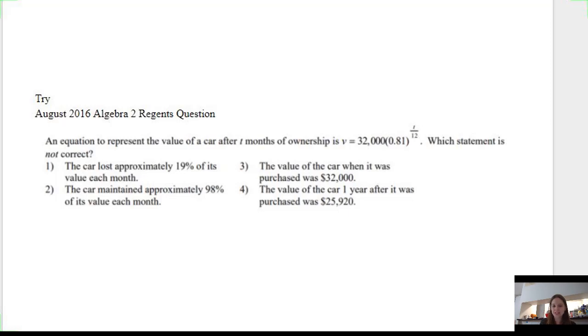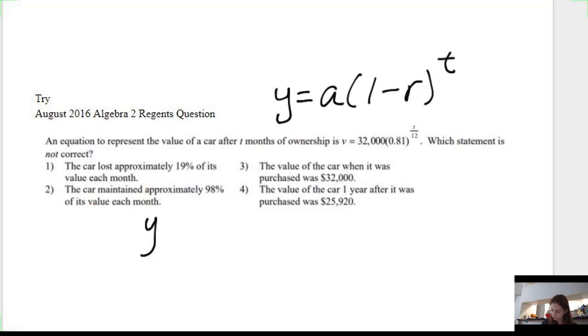Okay, the August 2016 Algebra 2 Regents on exponential decay. We have the value of a car, and I want to get it in y equals a times 1 minus r to the t power form. And then look at these statements. So I'm going to take y, well, it's v there, it's fine.